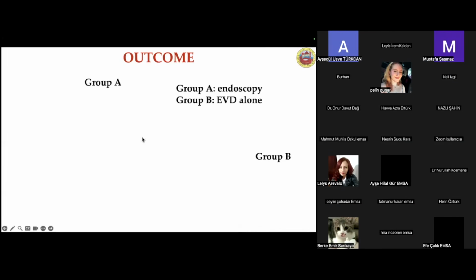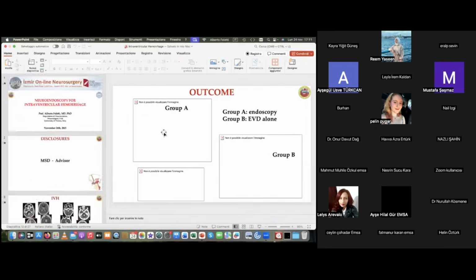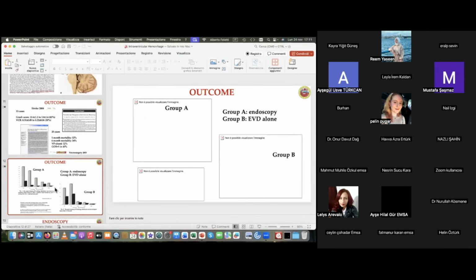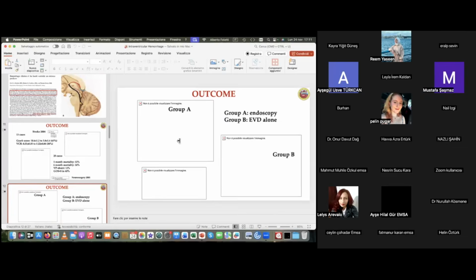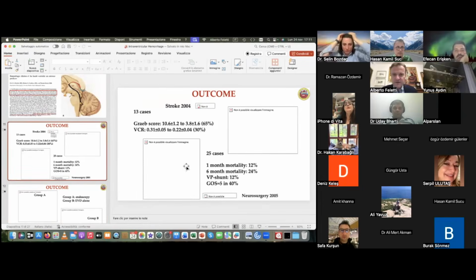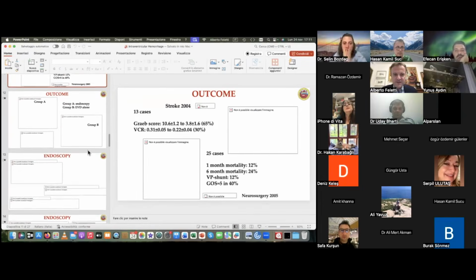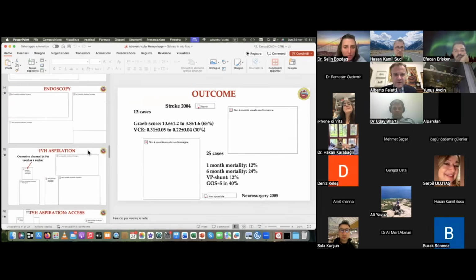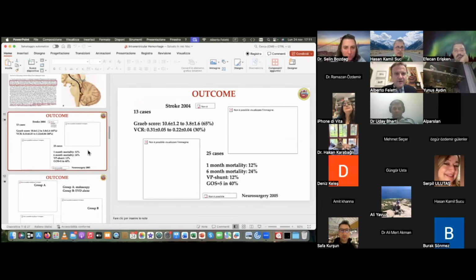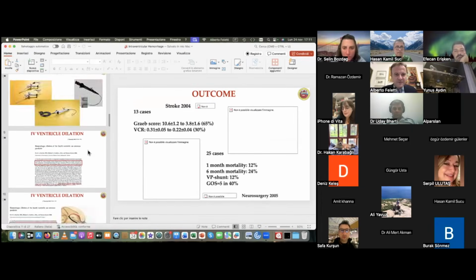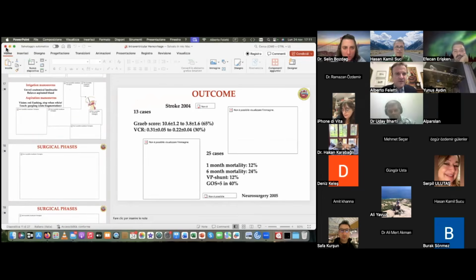I don't know why it's not possible to see the graphics. Let me see. Interesting. Do you see the picture here on the left? Yeah. I don't know why on the full screen it's not possible to see. Oh, wow. Yeah, unfortunately, suddenly all the pictures disappeared. Let me restart the presentation, maybe.